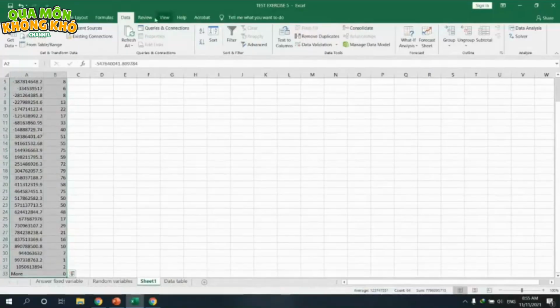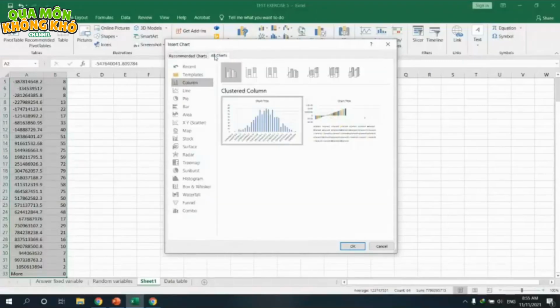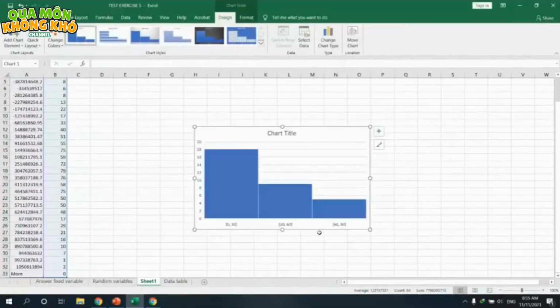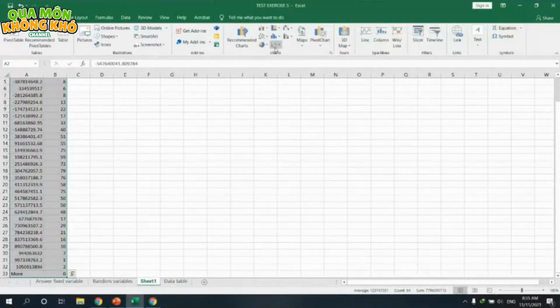You choose this and insert chart. You can use the bar chart. Just use the bar chart, not the histogram.